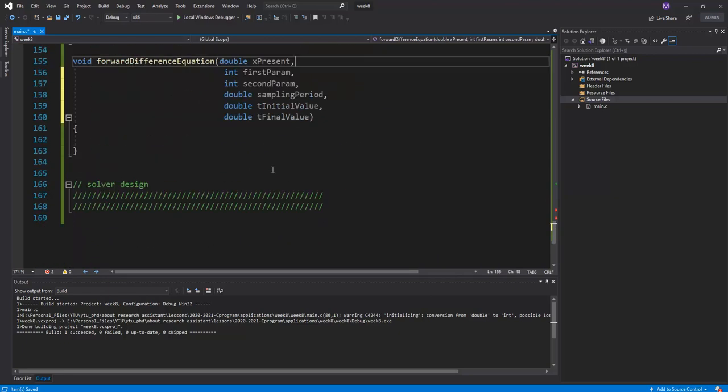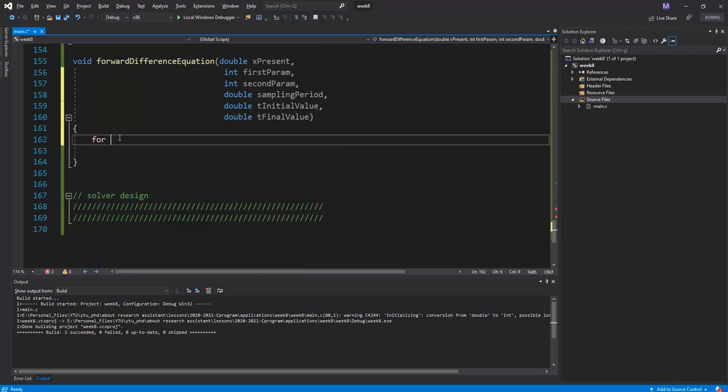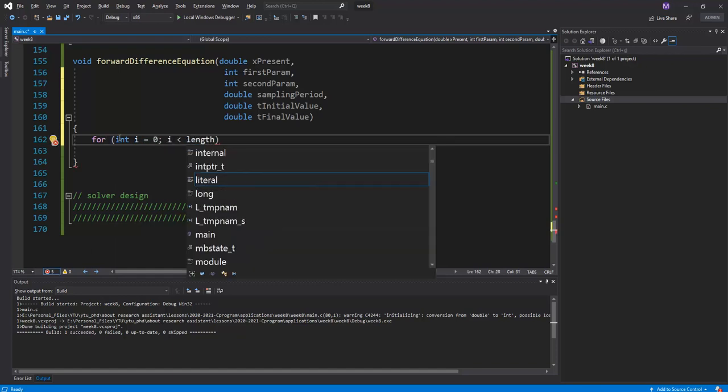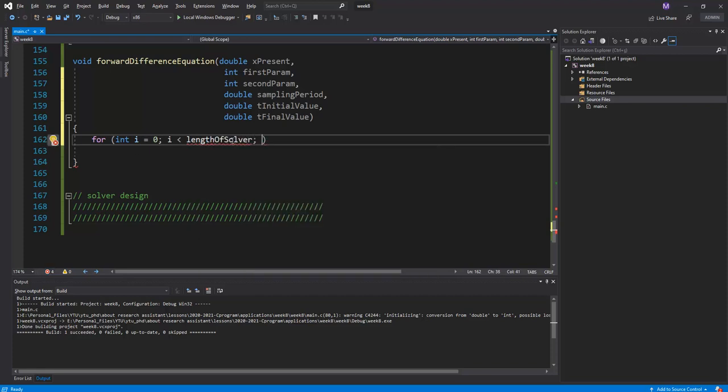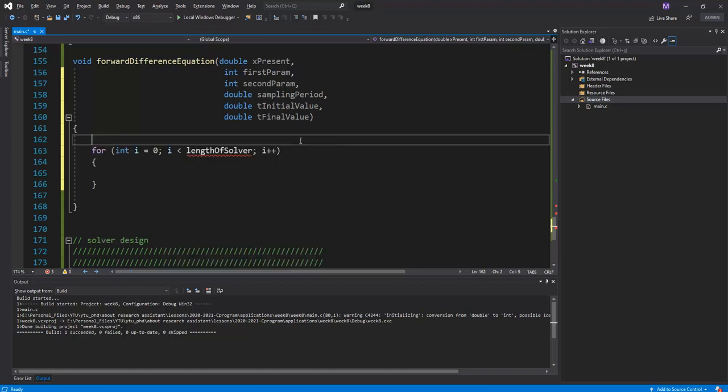In the first place we should create the for variable in here. Integer i is equal to 0, i is less than the length of the solver. But this solver length should be calculated in the forward difference equation. i plus plus.